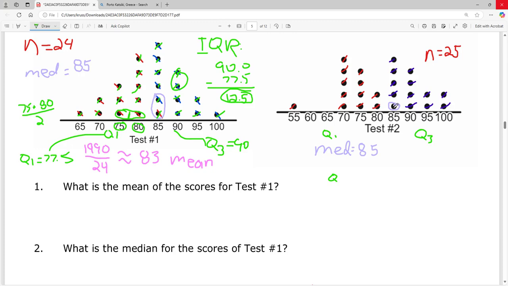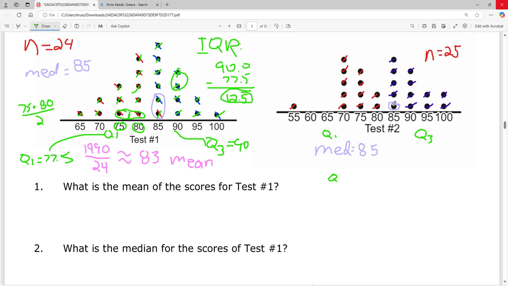They're both going to use 85, although it doesn't really matter. It's not asking us for the quartiles, but we'll do it some more anyway.